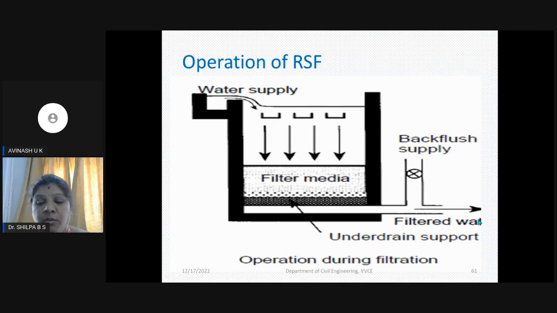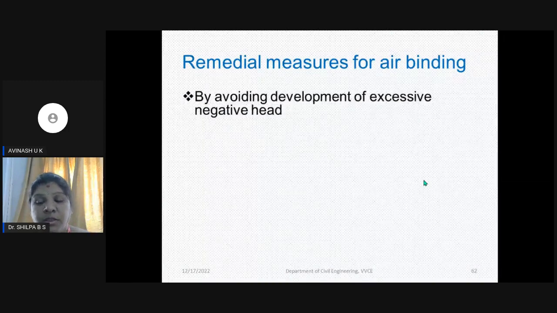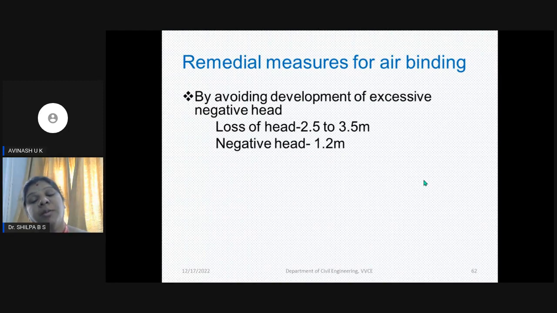But while cleaning the filter, we need to take special care. A separate mechanism is used for that. The problem most commonly faced in this rapid sand filter is air binding. To overcome air binding, we need to avoid development of excessive negative head.